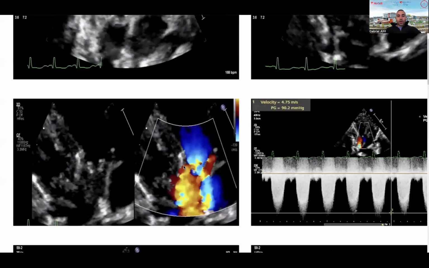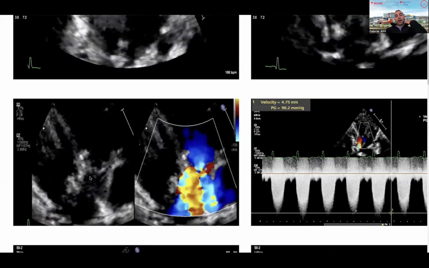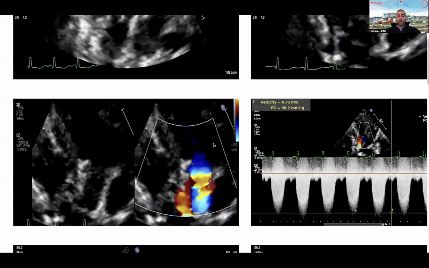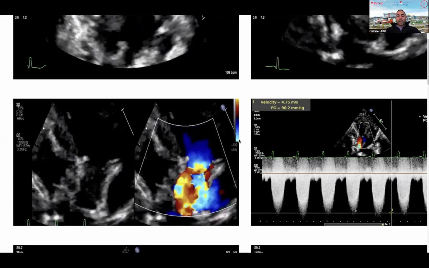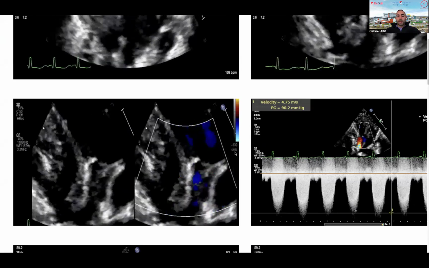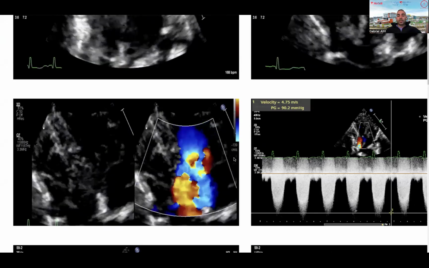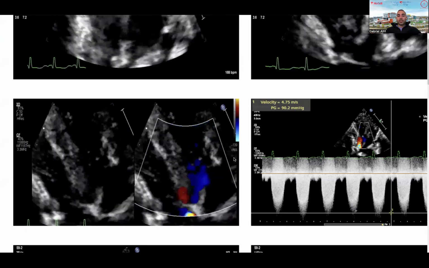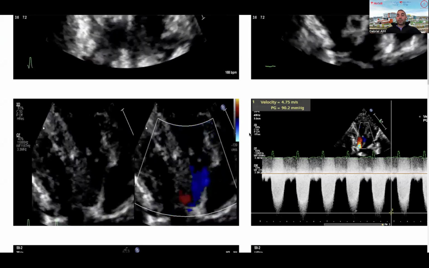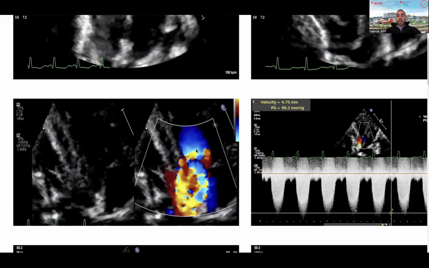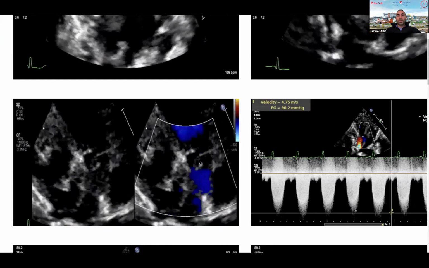Here we are putting some color with a simultaneous 2D view, or beam mode view. You can see that the Nyquist is at 139 centimeters per second, which really should filter out some of the lower velocities of blood flow. So this is relatively high velocity of blood flow, and we can see that despite this, there is aliasing through the pulmonary valve.